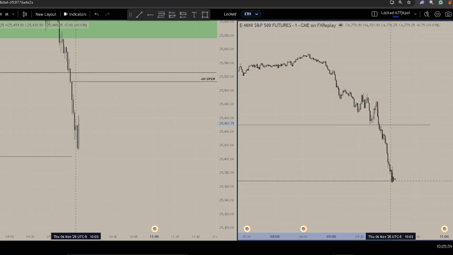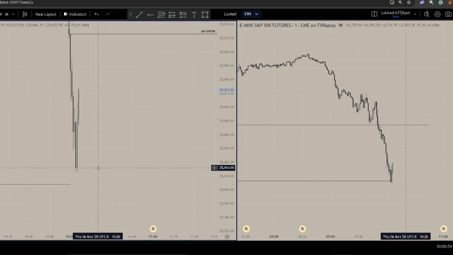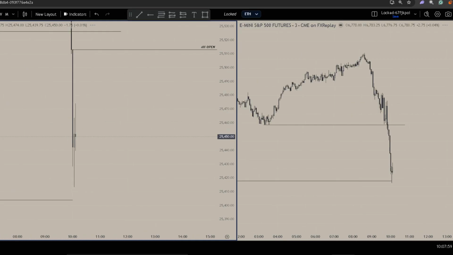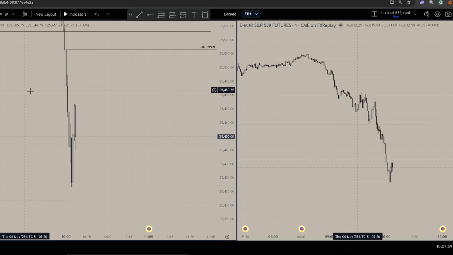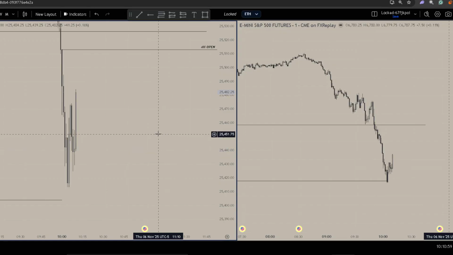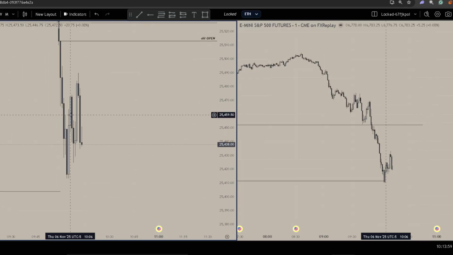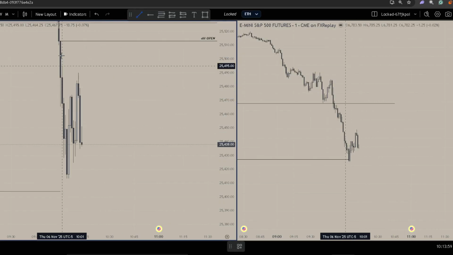Ooh, okay. Let me see. ES took out that low first. Still bearish, I'm still bearish. Not quite bullish just yet. Boom, there we go.